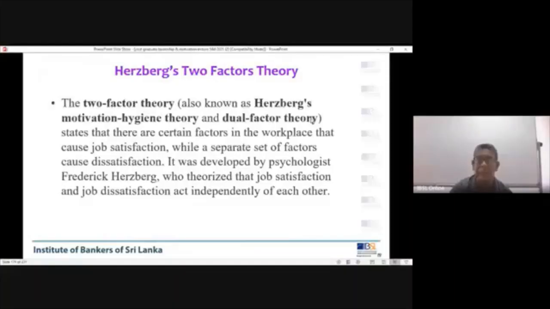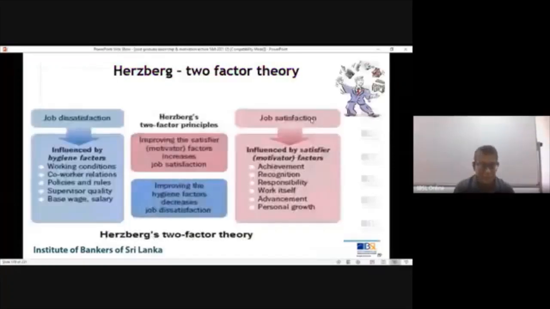This theory was developed by psychologists after taking into account the workplace situation. Therefore, it is more of a practical approach, right? And he has identified these factors, and let's look at them.